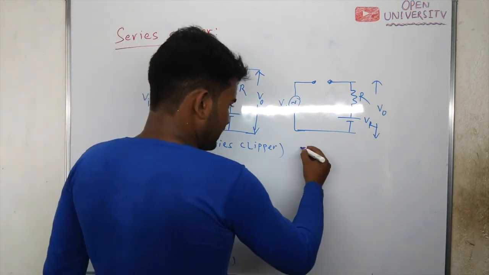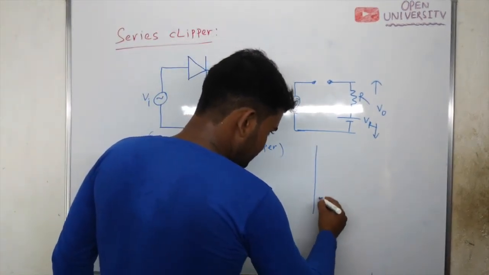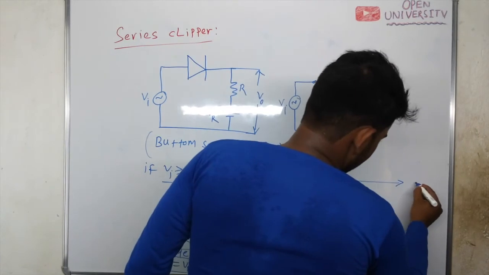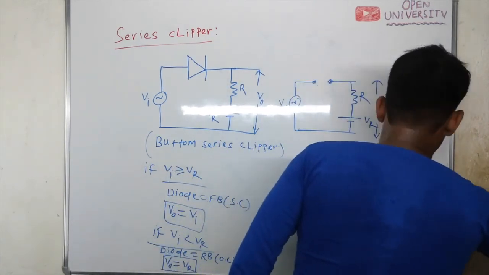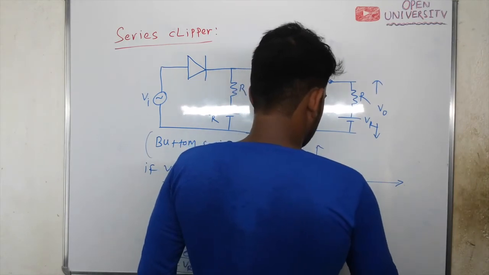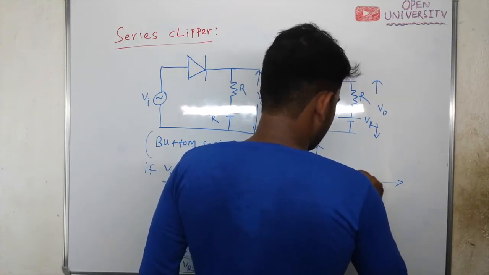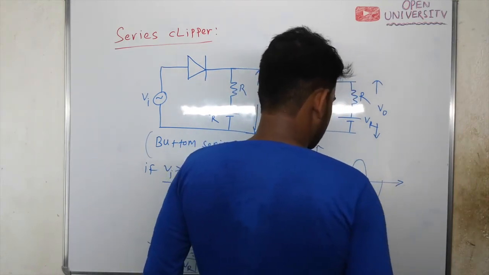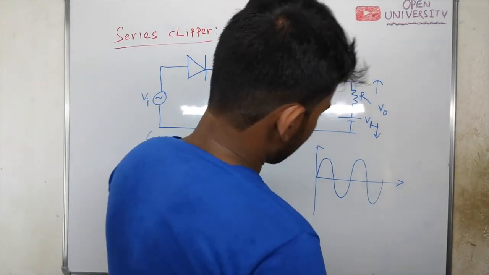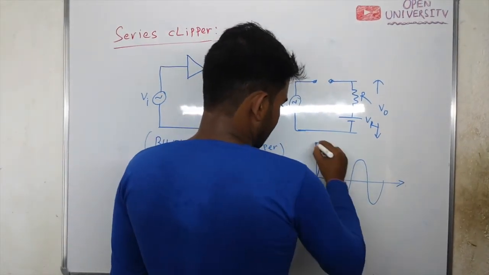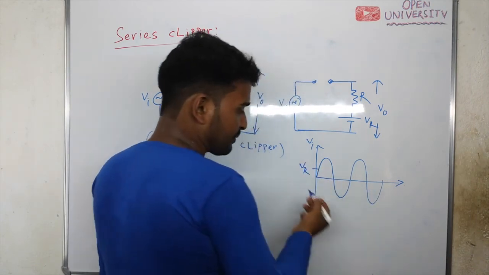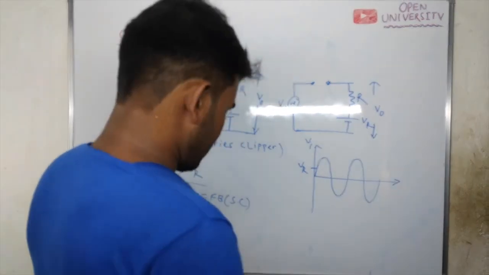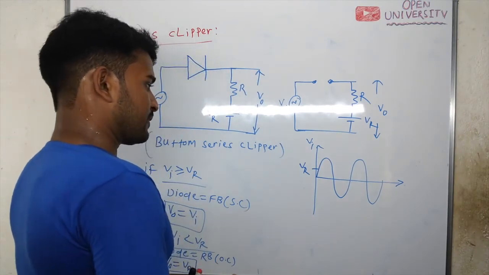Now plot the output waveform. Let this be my input waveform. I am assuming a sine wave like this. This is my input waveform Vi. Let the reference voltage VR be some positive level. Then plot the output waveform.